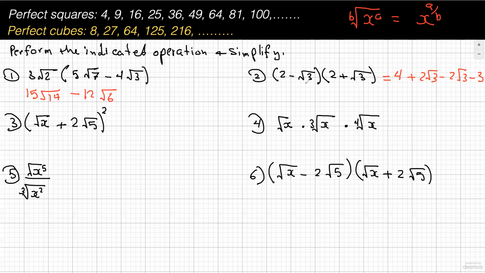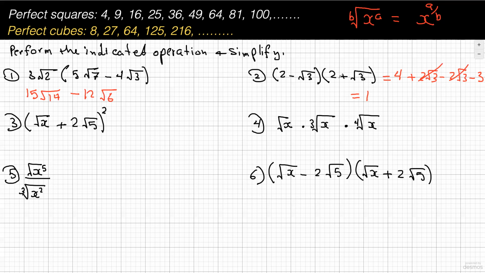You don't have the square root anymore, because it's actually the square root of 9, and the square root of 9 is 3. So when you multiply a radical by itself, just get rid of the square root, or you could write it as square root of 9 and later change it to 3. Now this gives me 4 minus 3, which is 1. And these two are like terms with opposite signs, so they cancel each other out. We get 1 as a final answer.